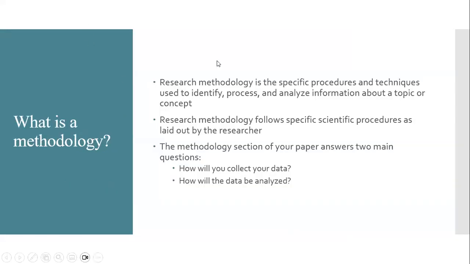So let's get started. Just in general, starting with basics, what is methodology? As I'm sure you are aware from your coursework, your research methods are a specific set of procedures and techniques that you use to identify, process, and analyze information about a topic or a concept.